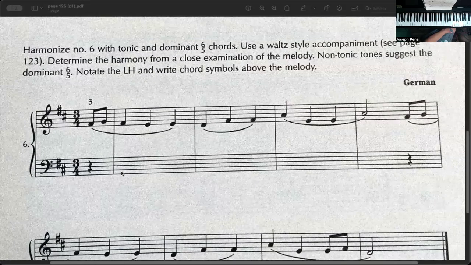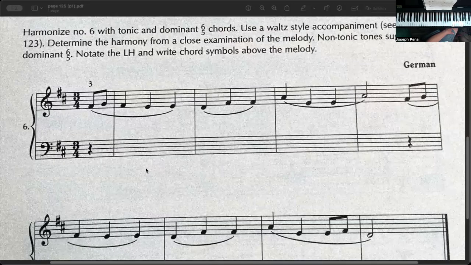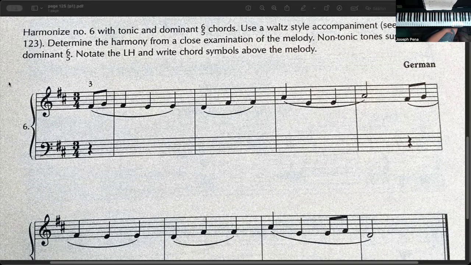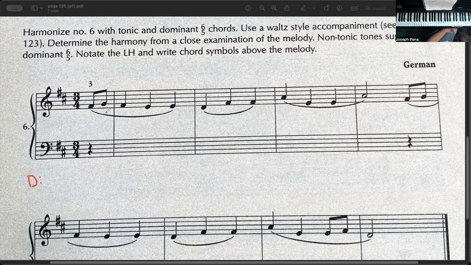Let's go ahead and see if we can determine this without playing on the piano. We'll have the piano there as our reference, but can we do this simply written and in our minds? We already know that this is in the key of D major, so let's go ahead and establish that right over here. Putting D. We have a pickup bar, F sharp, G, and then we go back to F sharp, E, E. So what kind of chord would we be playing with F sharp, E, E?